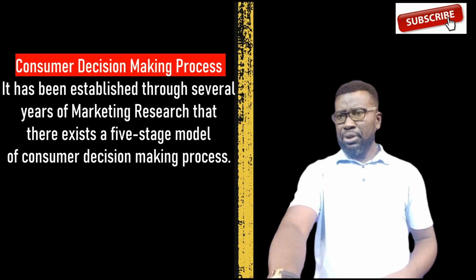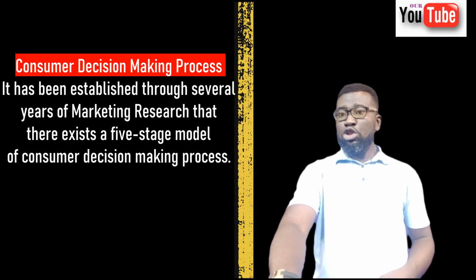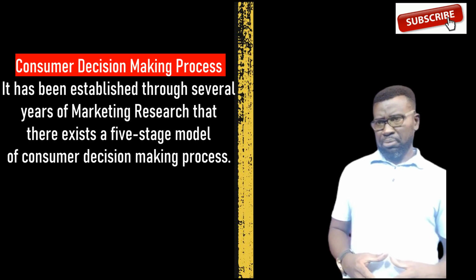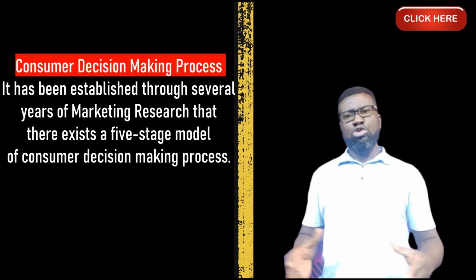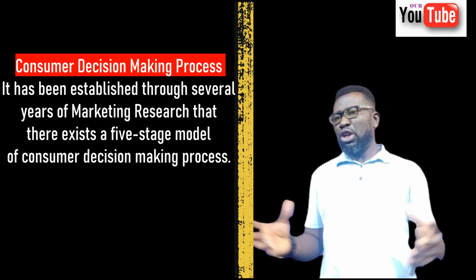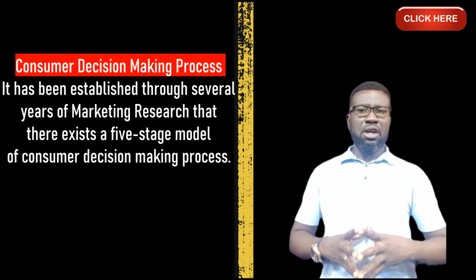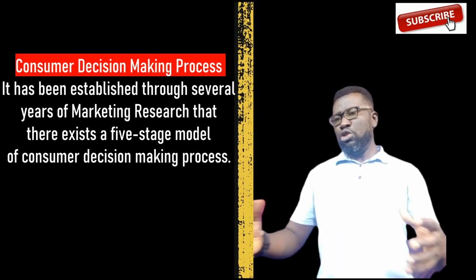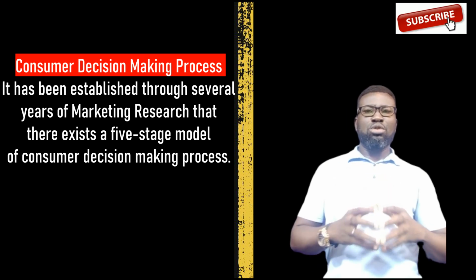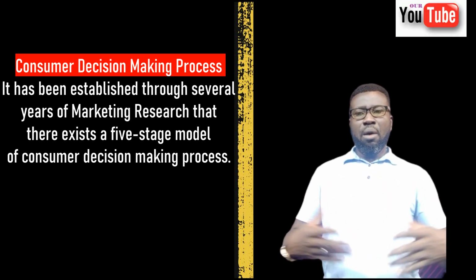All right, let's talk about consumer decision making process. What does that really mean? It has been established through several years of marketing research that there exists a five-stage model of consumer decision-making process. The model assumes that consumers choose products they want to buy as a result of going through the decision-making process.